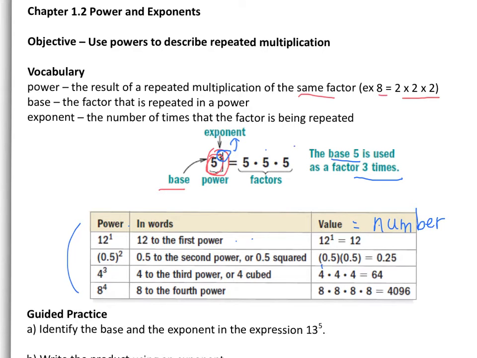So for the value, it would be 0.5 times 0.5, which equals 0.25. 4 to the third power can also be read as 4 cubed. And 4 times 4 times 4 equals 64, and so forth.